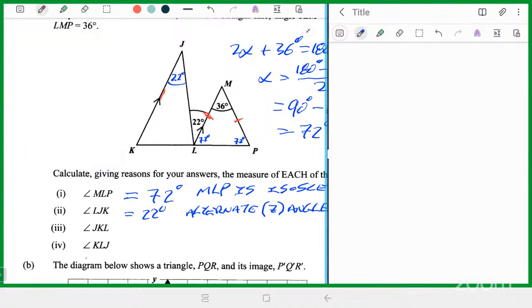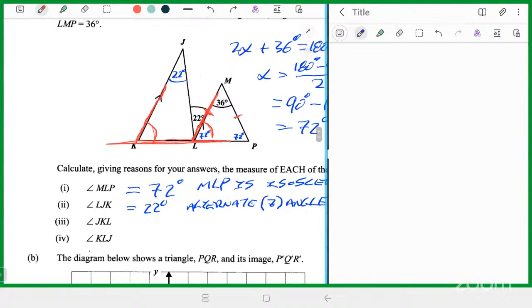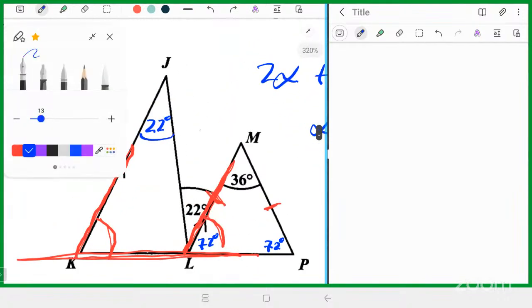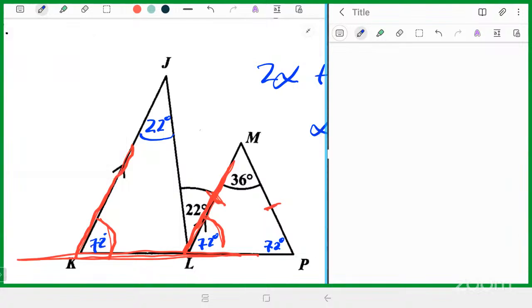So this line and this line are parallel. So this angle and this angle are equal, joining with this straight line. So these two angles are equal. So this is 72 degrees, corresponding angles. So this angle is 72 inside here, 72 degrees.